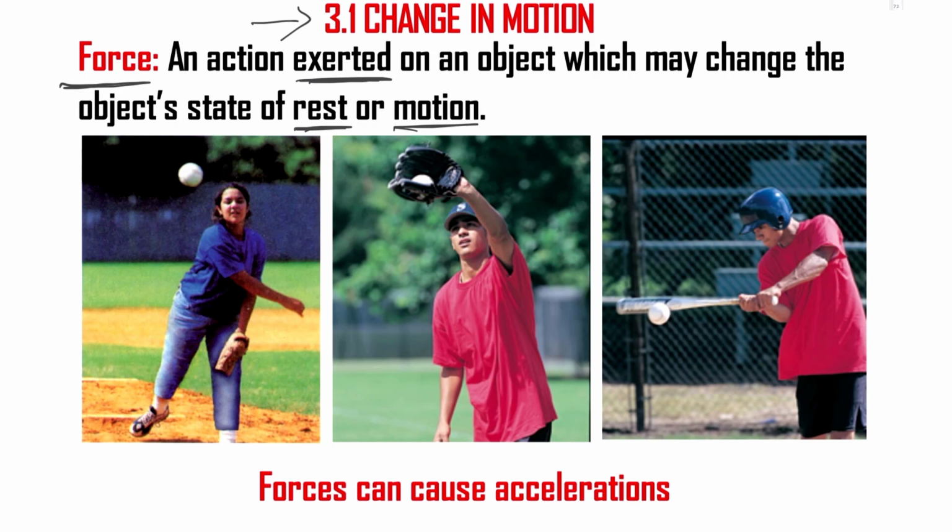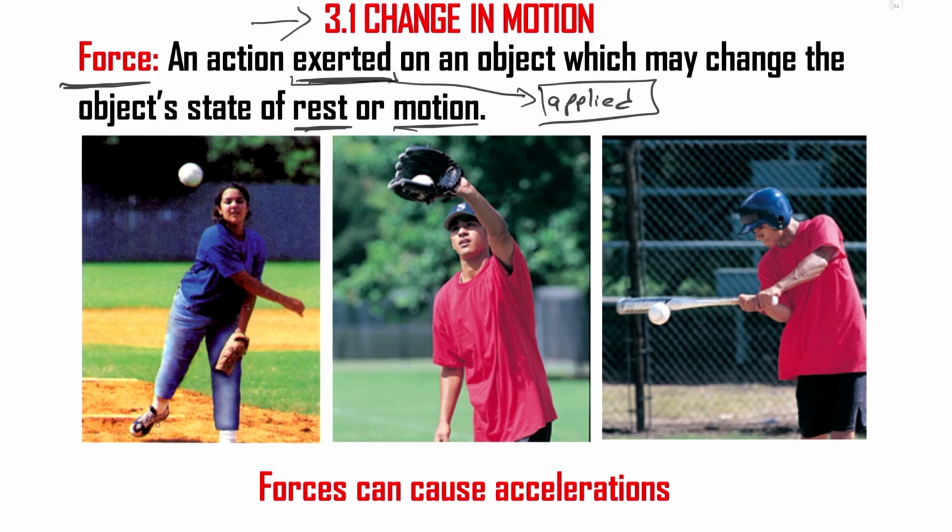But here there is a word which is "exerted". Instead of this one, it could say "applied". But what is mentioned? Exerted. It has meaning, because there are types of force we will discuss.